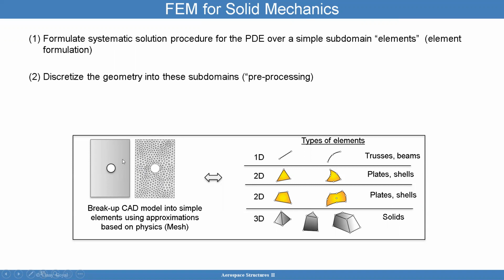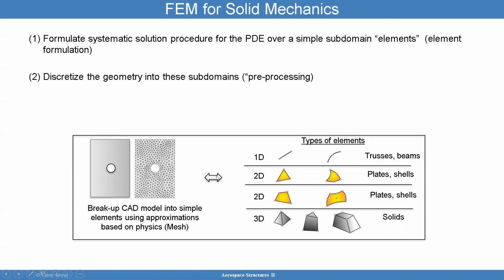Well, I'm breaking up that CAD model into simple subdomains, which I'm going to call elements. So when I say I have an element, what I'm really talking about is these little subdomains. And the cool news is that I can have various element types. So finite elements is basically based on using subdomains that have shapes that can be used for breaking up the structure.